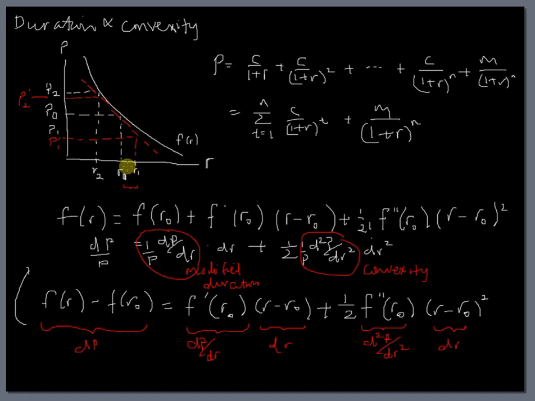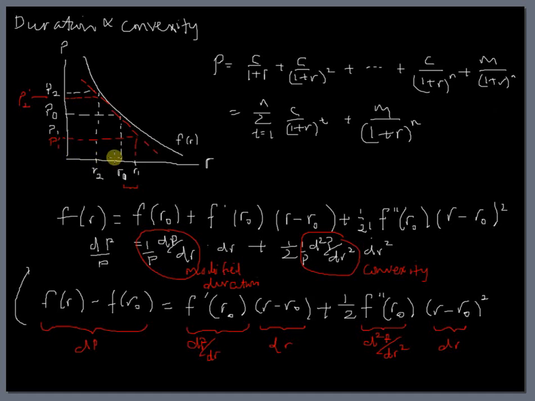And we can see here when the yield increases, it gives a different change in the price than expected. The real price is at P1, and using just the duration alone, we obtain P1 prime, which is smaller than P1.